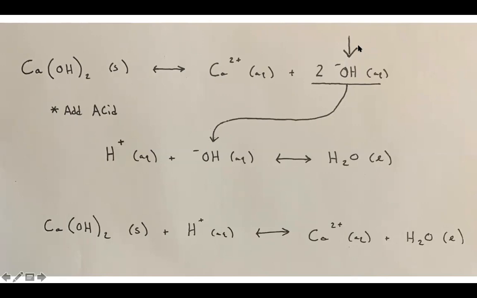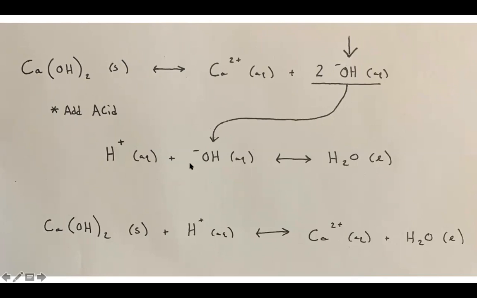Okay, so thinking about Le Chatelier's principle, if the amount of product that we have is decreasing, we are going to counteract that change by shifting to the right and forming more products, right? Basically, more of our solid is going to dissolve because we're decreasing our hydroxide concentration by reacting it with acid.